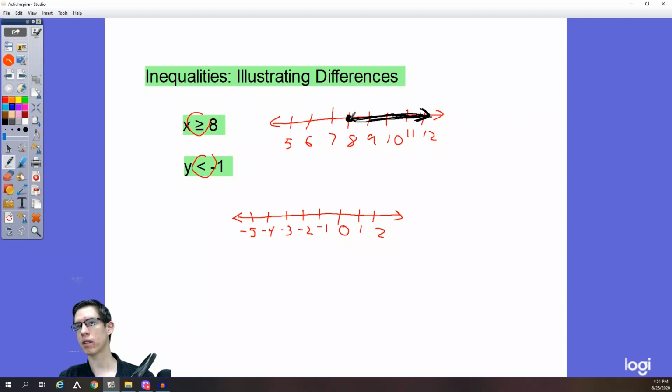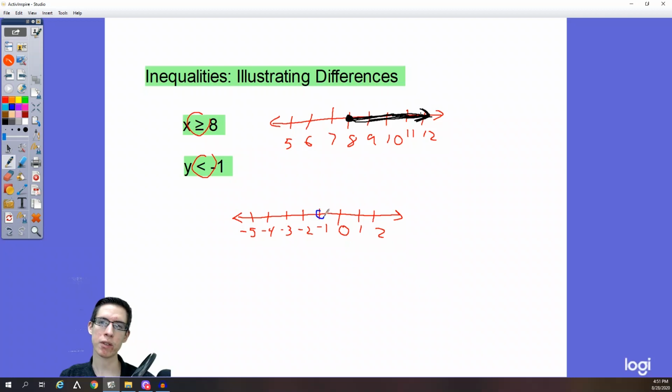Here we colored in a solid circle and went to the right to indicate greater than or equal to 8. That included 8, and then it was everything bigger. Here, we're going to be very different, but very intentional with how we represent this.